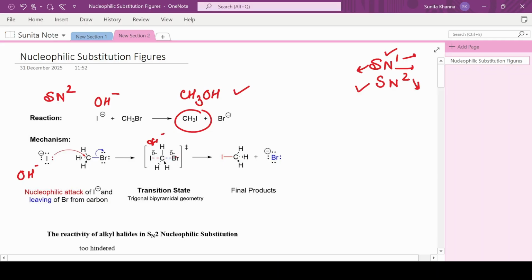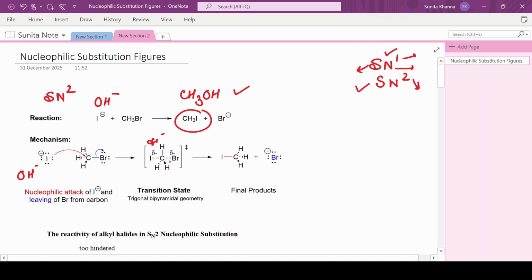That's why it is shown with the broken or discontinuous bond, and at the same time the OH is getting attached here through the broken bond. And this particular state, when the carbon atom is attached to 5 other atoms, is known as the transition state, which is highly energetic as carbon is attached to 5 other atoms.